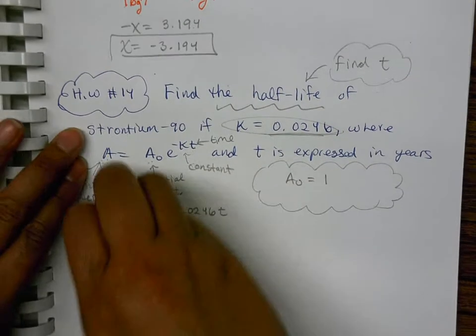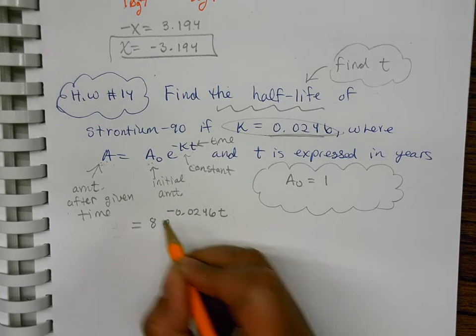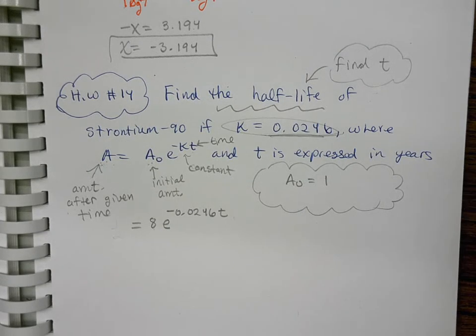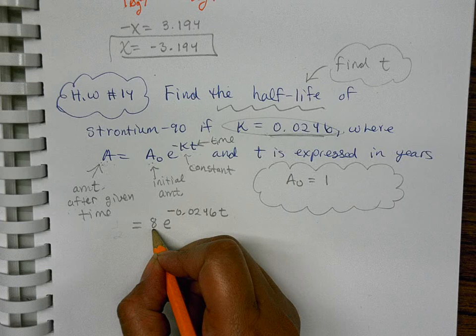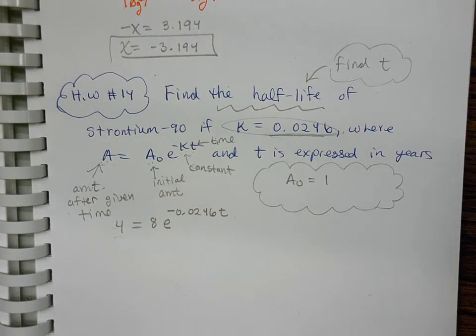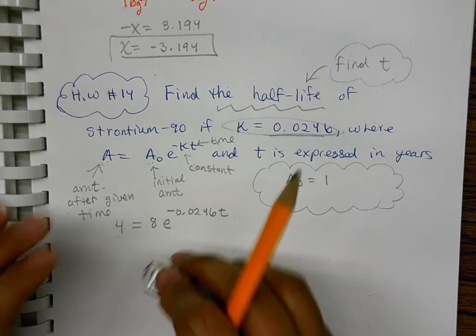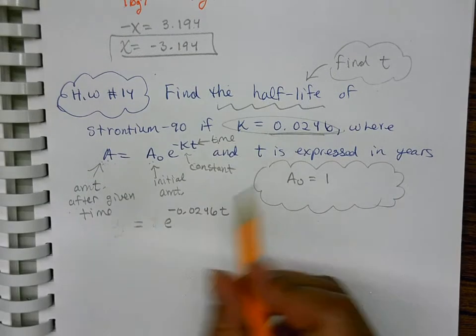Now, technically, if you wanted, I'm going to erase this, but I'm going to put it back, so don't erase yours. I could have picked 8, just because I wanted to. What's half of 8? 4. In the end, eventually I'm going to divide by 8, and 4 divided by 8 is going to equal 1/2.